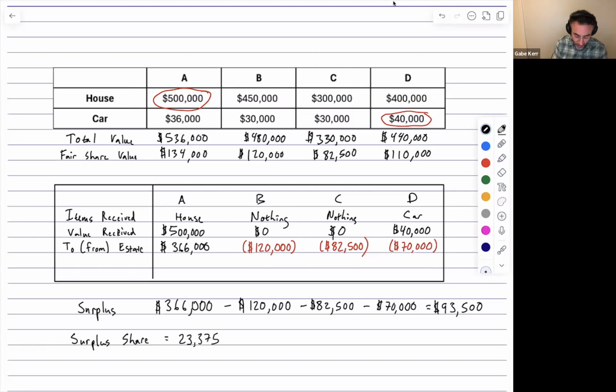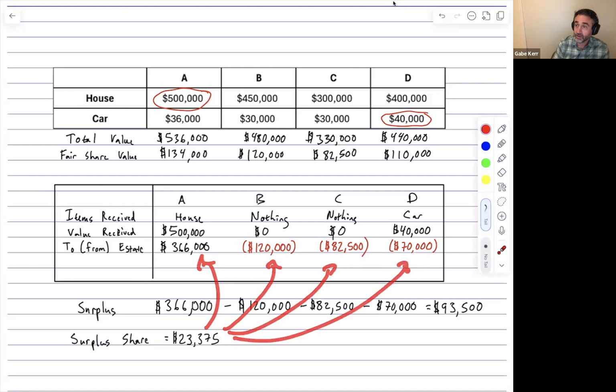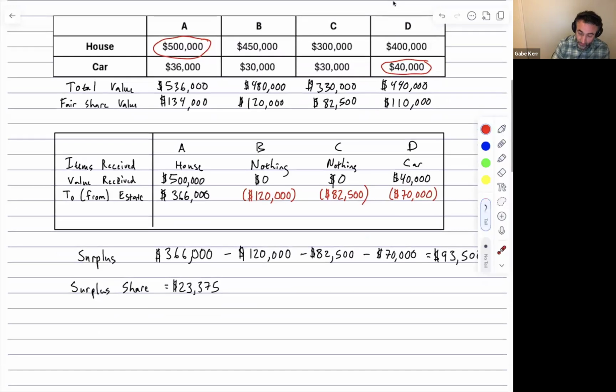And again, you can use a calculator, or do it by hand if you want. So what is that number? We're going to give each player that amount to give an extra fair distribution of assets.